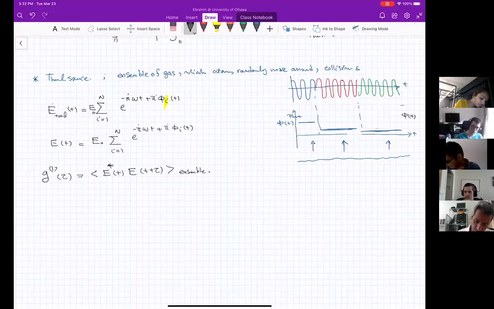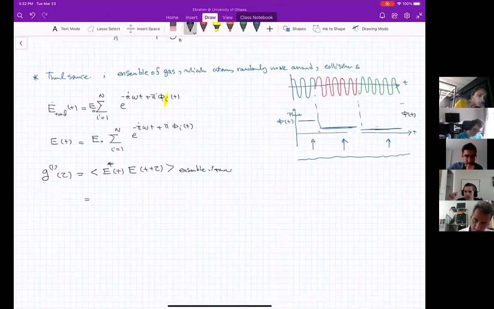Remember, these are the ensembles and time. So then what I deal with is the absolute value of E0, because it's the field multiplied by itself. Then I have two summations, summation over i from 1 to n, and summation over j from 1 to n.